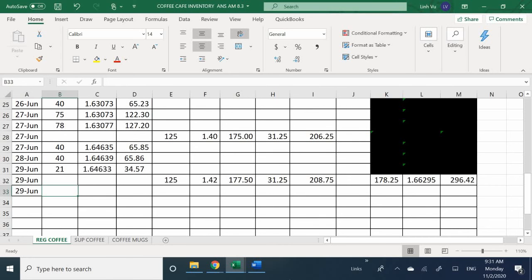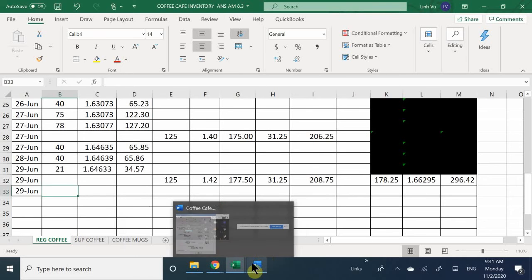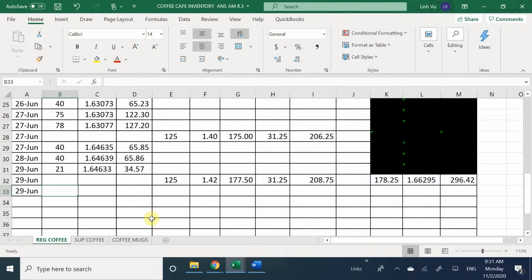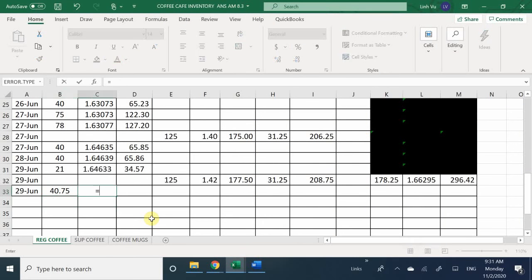So how much did we sell or used? We used 40.75 pounds of that good old regular coffee. Okay. And what unit price? Unit price. Good question.